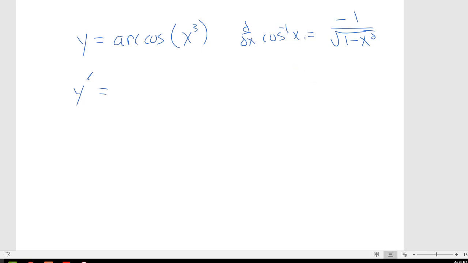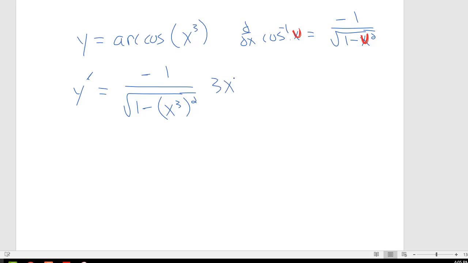Again, I want to point out to you that the x is really a placeholder. Inverse cosine of u is -1 over the square root of 1 minus u squared. So in this case, my u is the cube function. So the derivative of inverse cosine is going to be -1 over the square root of 1 minus my u squared, and then times the derivative of the inside.